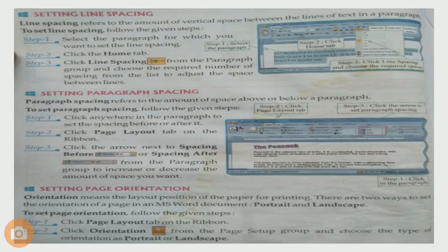Then a list appears, then select the line spacing difference: 0.5, 1.0, 1.5, double line, single line are shown on the list. Select which we want and then we see the effect on your paragraph.